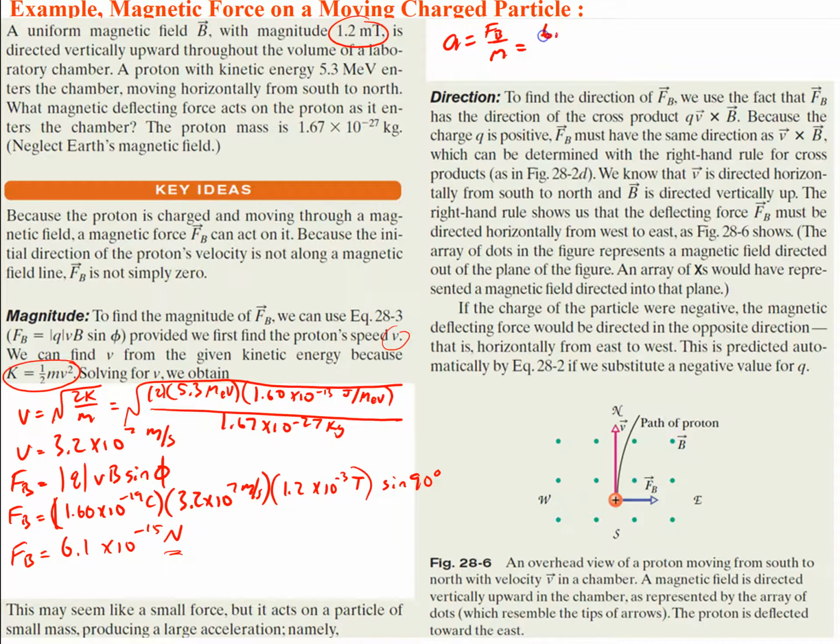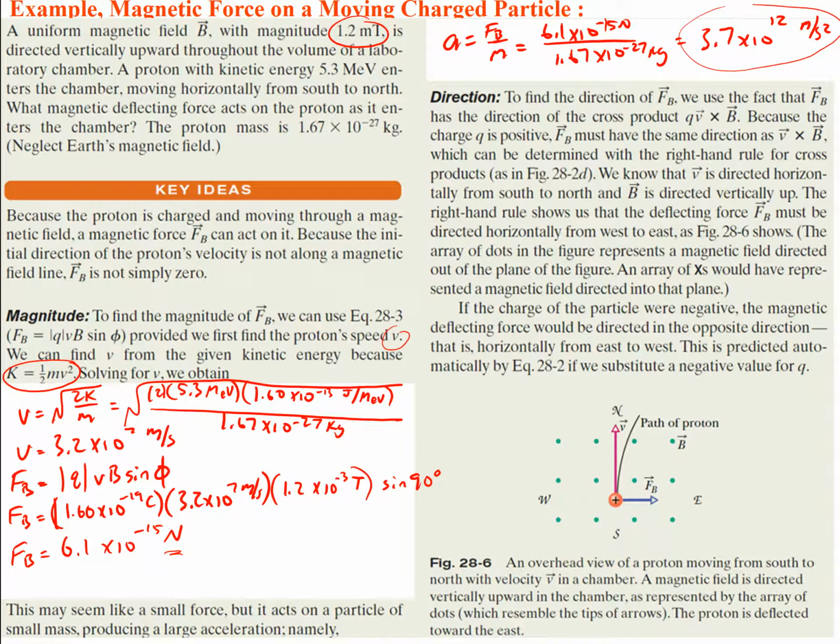That's 6.1 times 10 to the negative 15 newtons divided by 1.67 times 10 to the negative 27 kilograms. So we get 3.7 times 10 to the 12th meters per second squared, which is actually a significantly large acceleration.